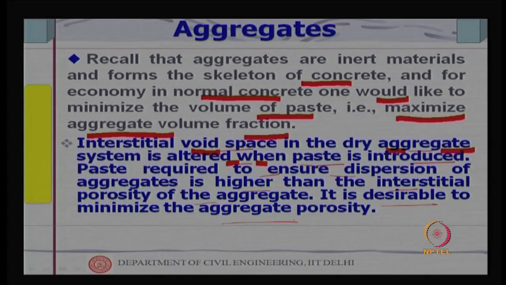So, when you add paste into the aggregate system, in fact, paste goes into the interstices of the aggregate. Now, if you pack the aggregates alone, you get a void content or void space, which you can define in terms of porosity.